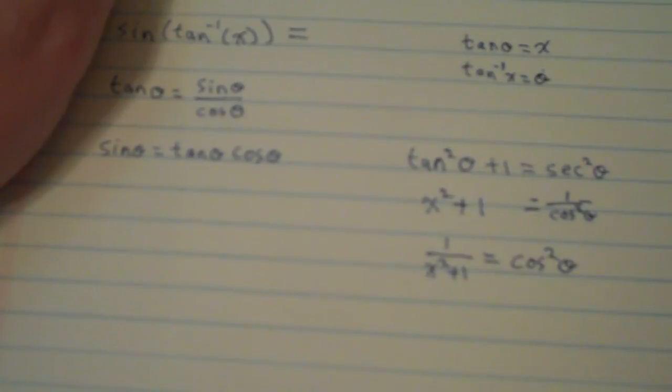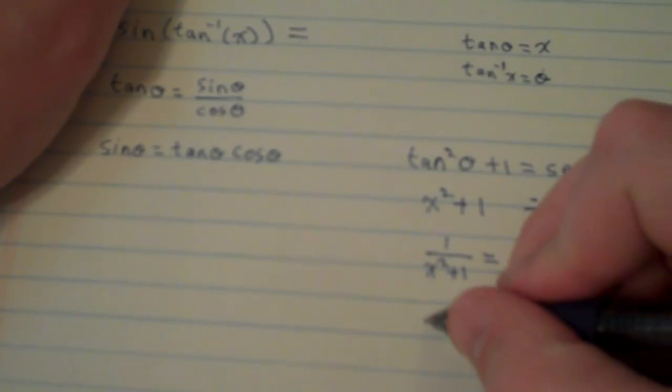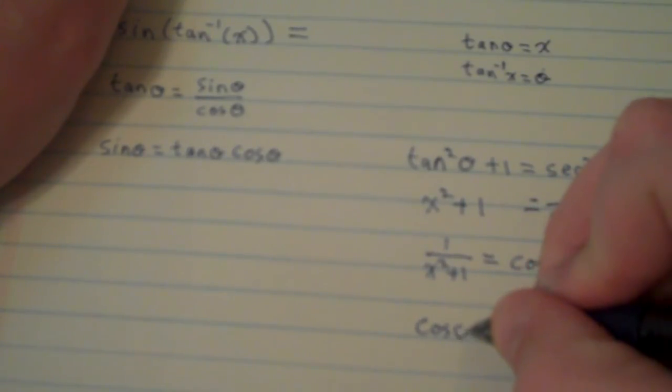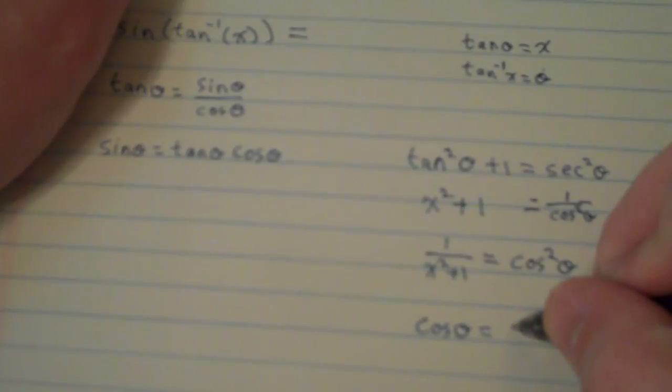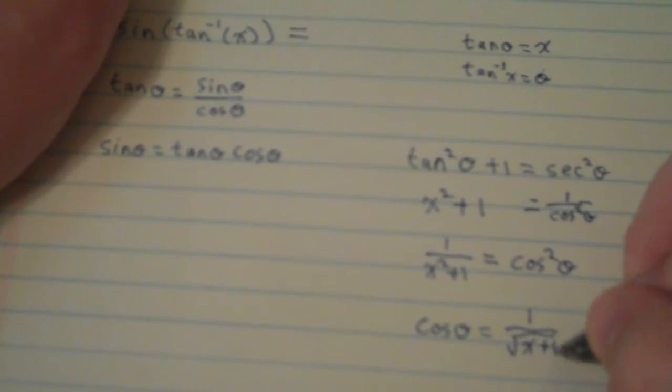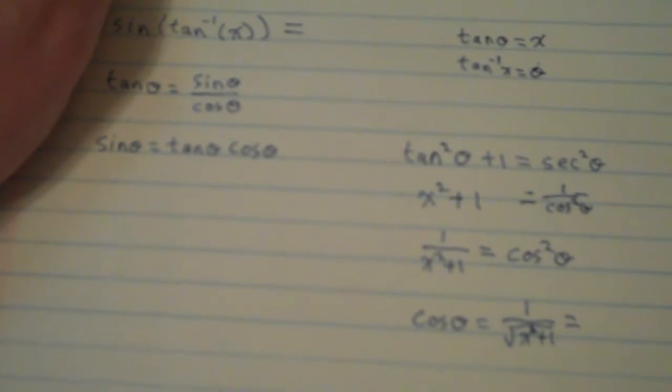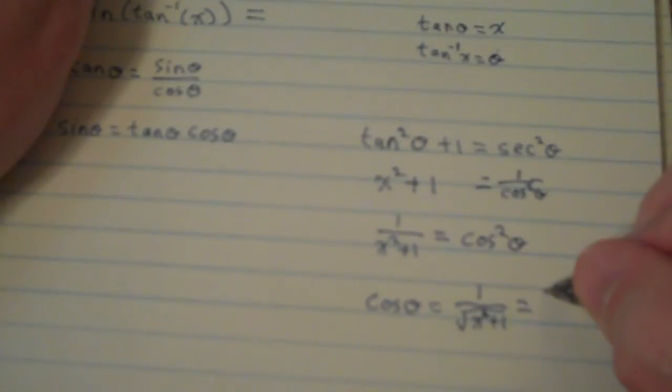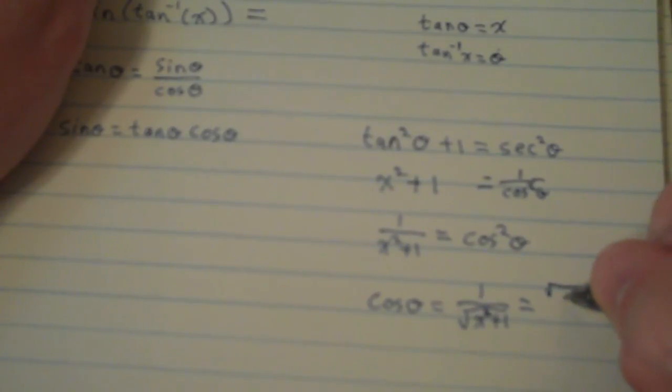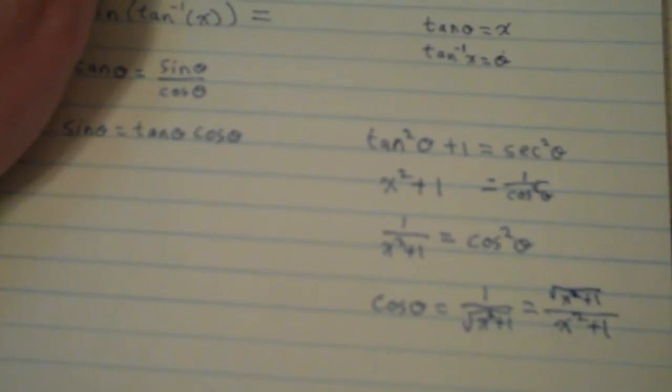At this point, still need to get cosine by itself, so I have to take the square root of both sides, which gives us that the cosine of theta equals 1 over the square root of x squared plus 1.